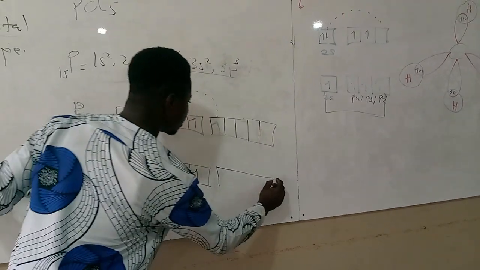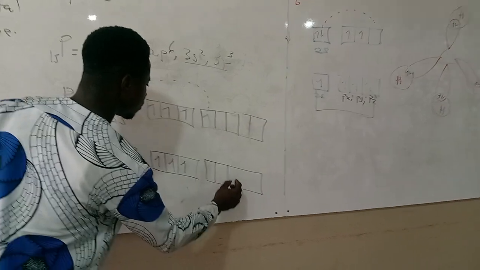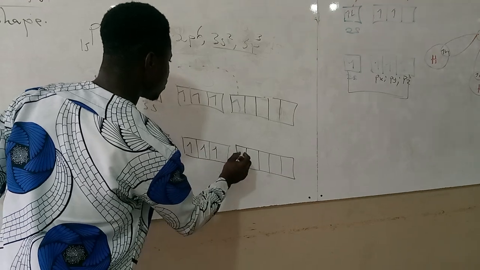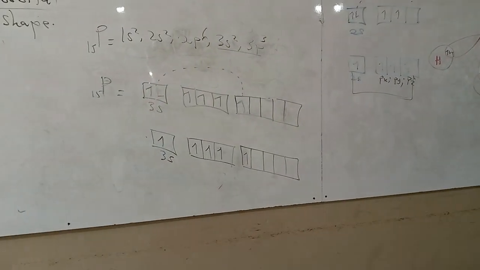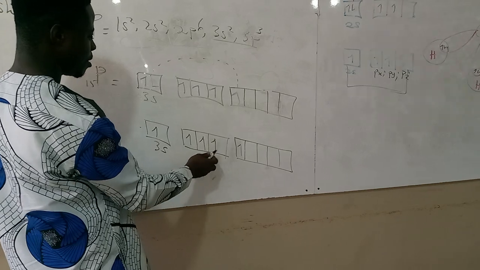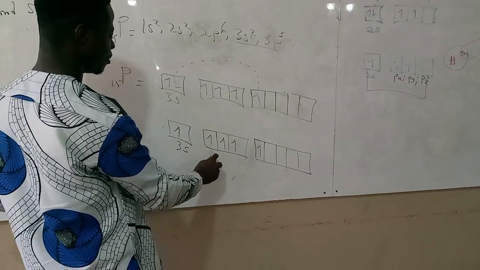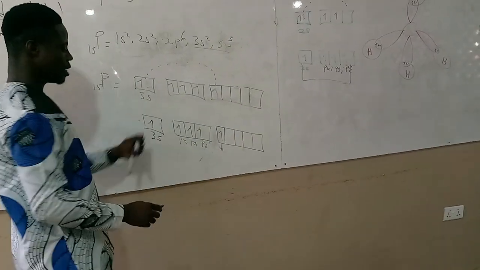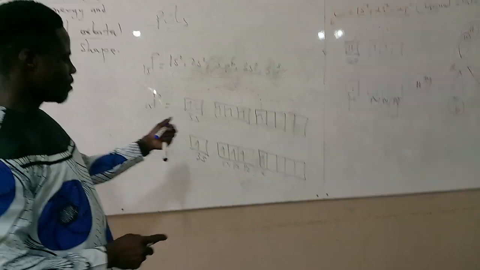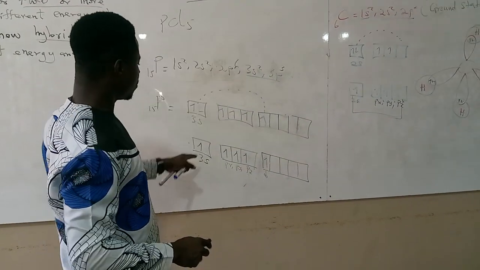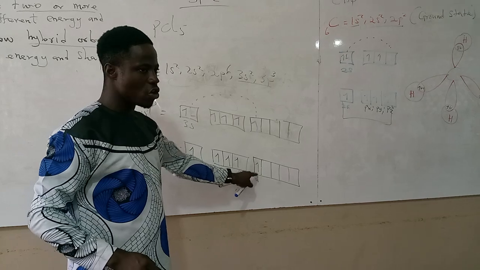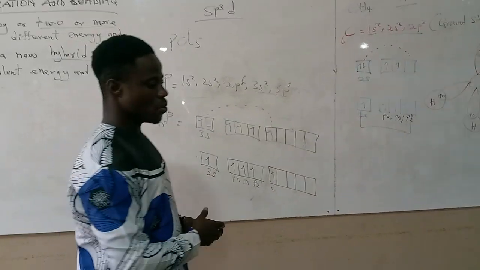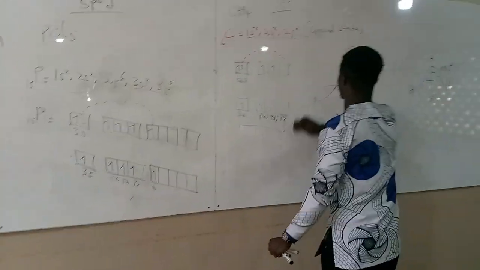And then the d orbital is also degenerate, with 5 subdivisions, and it is occupied by 1 electron. So the d orbital has been occupied. Having done this, in sp3d you mix an s orbital with 3p and a d orbital. That forms sp3d orbital hybridization. Let's quickly do that.